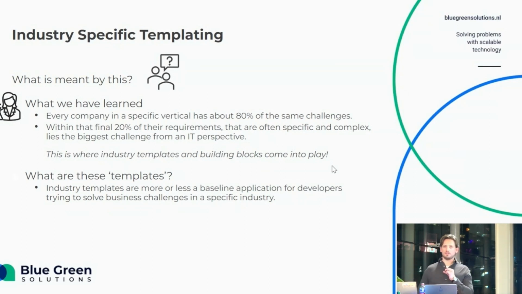Or maybe we're doing planning in logistics with trucks. That module, everybody's planning with trucks, we get that in. But the specifics always lie in those 20% of the requirements that make the business unique.